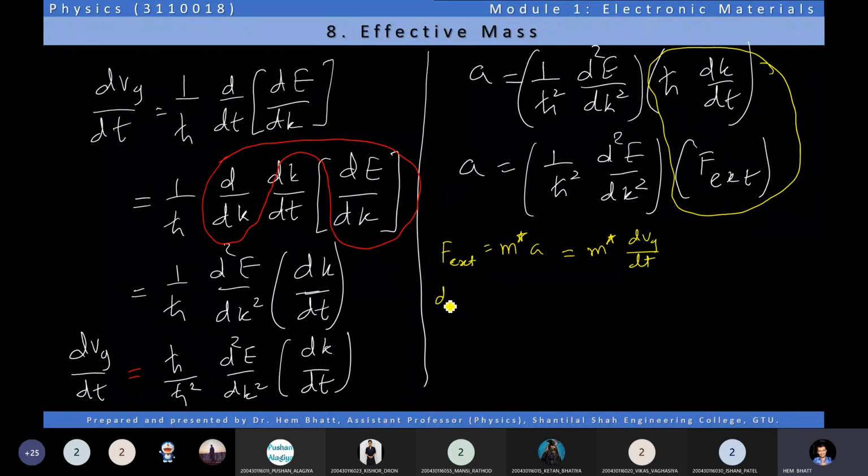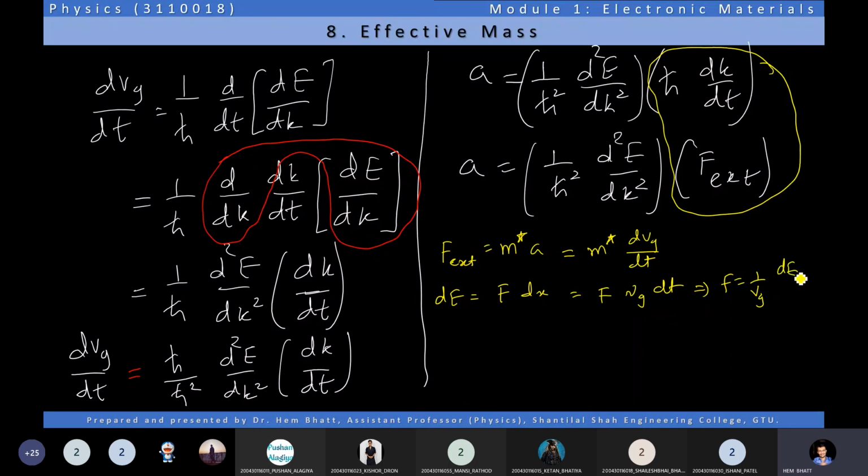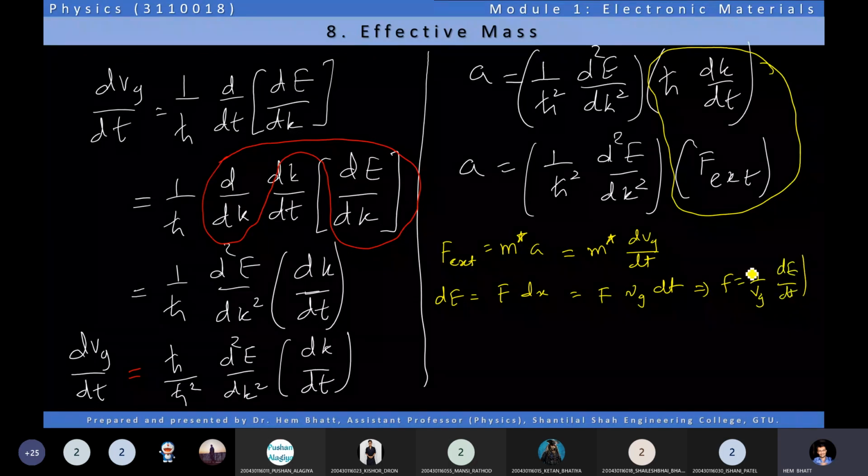Now there is one more way of writing force, that is dE by dx, and here if I take dx to be Vg dt, velocity into time is distance, then what I get is force as 1 by Vg dE by dt, right?